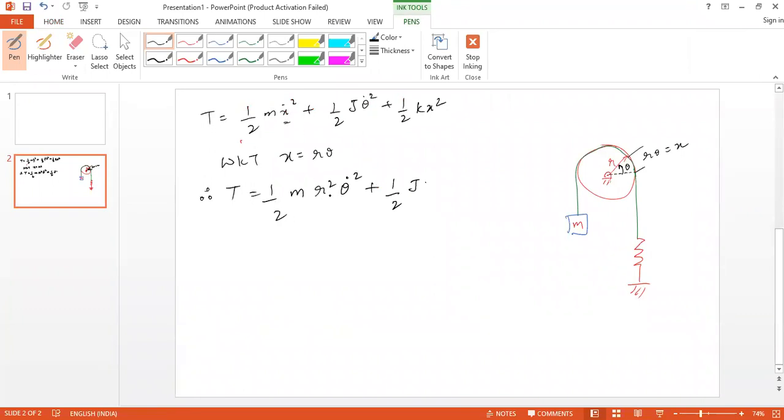So T is equal to half m, in place of x dot I can write r theta dot, so r square theta dot square, plus half J theta dot square plus half k r square theta square.